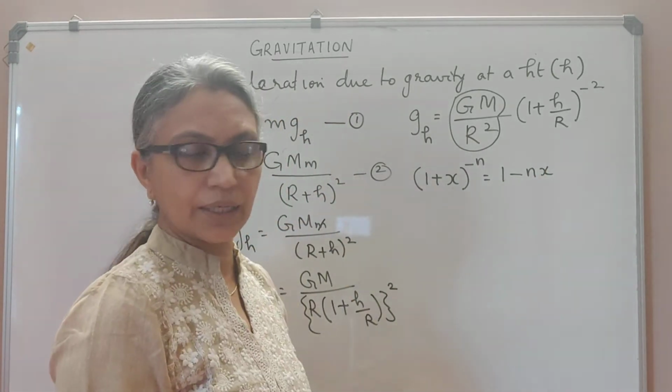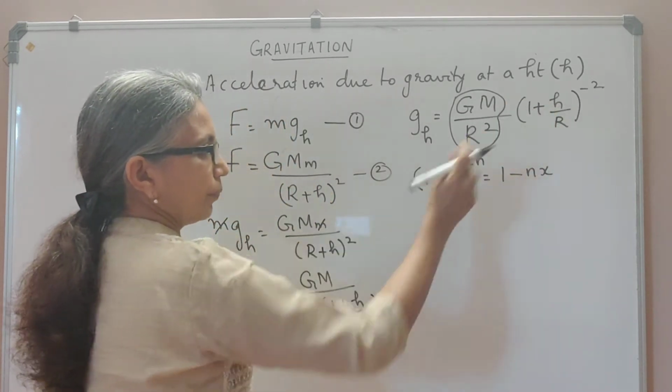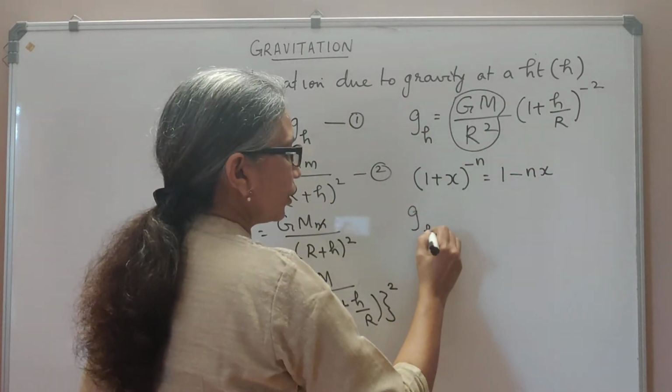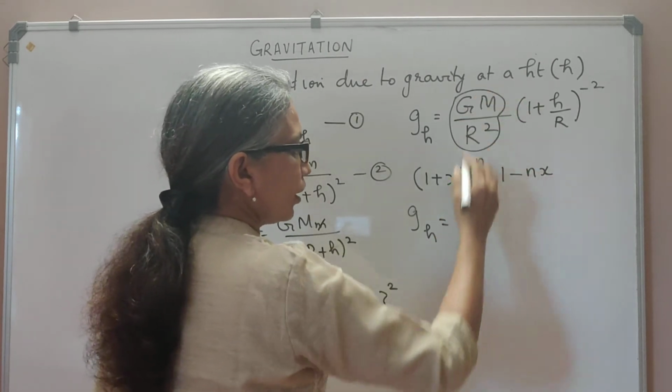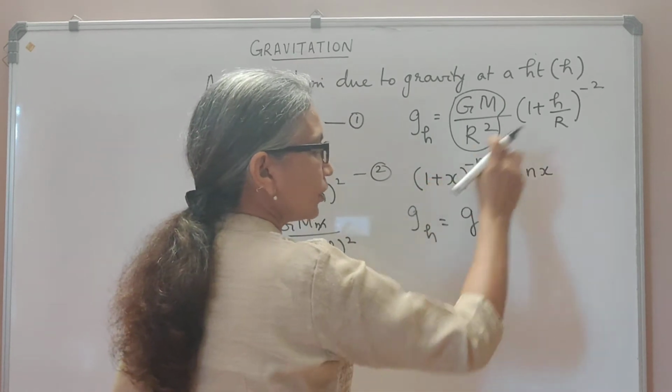Those of you who have not done math, remember you can just substitute this equation there. So we have g at h equal to this GM by R square. I'm going to replace it with g on the surface of the earth, and I'm going to use this identity to expand this.